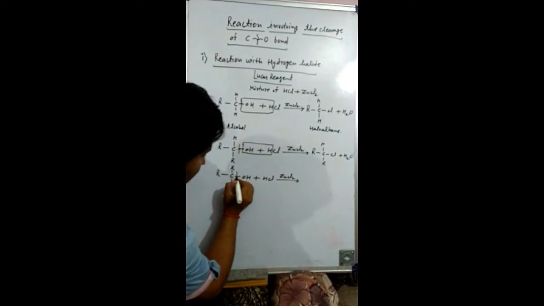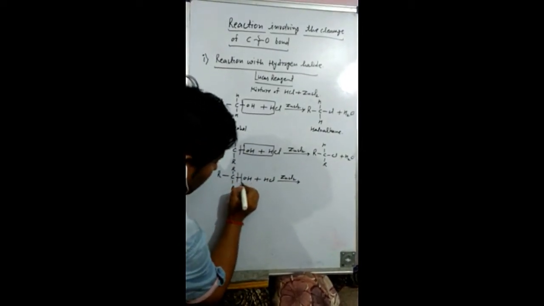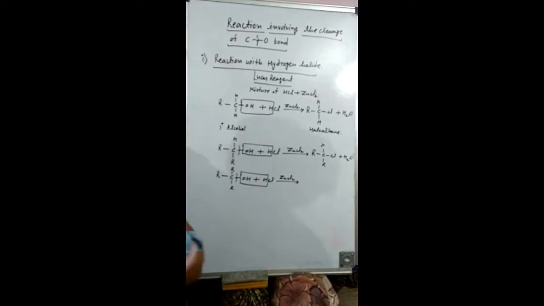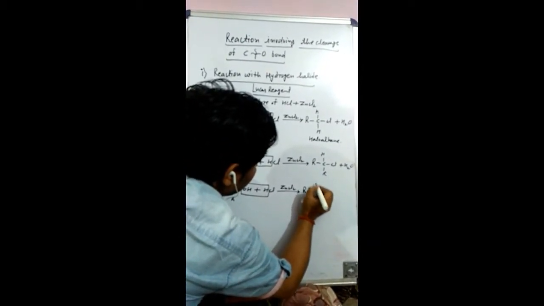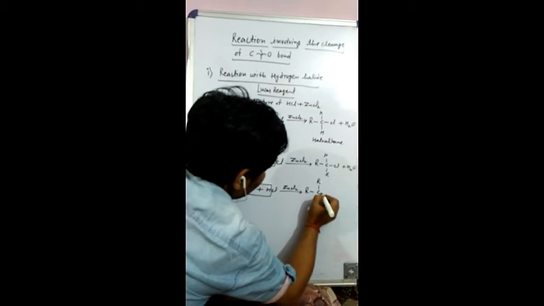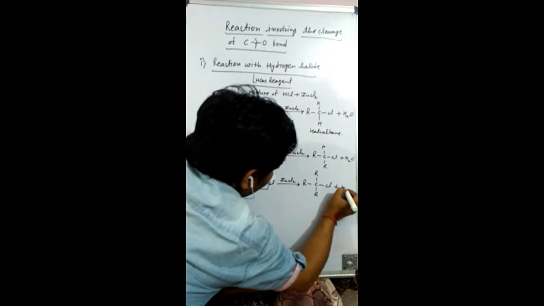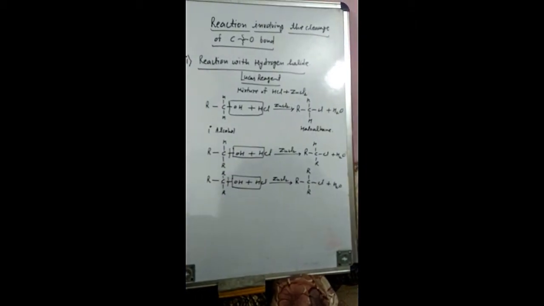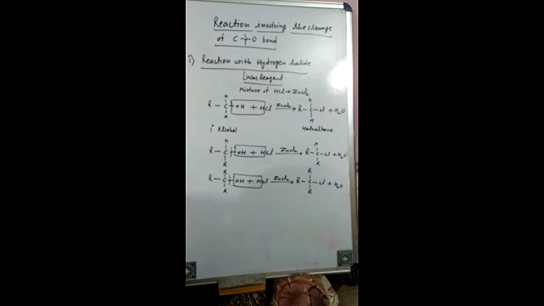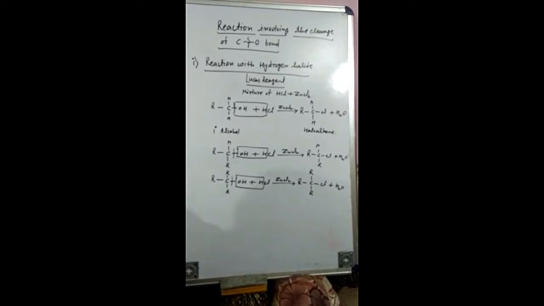Same, the bond between carbon and oxygen splits up. This OH and H react to give us H2O, and we are getting R3C single bond Cl plus H2O. Those are the general reactions when alcohol reacts with the Lucas reagent.